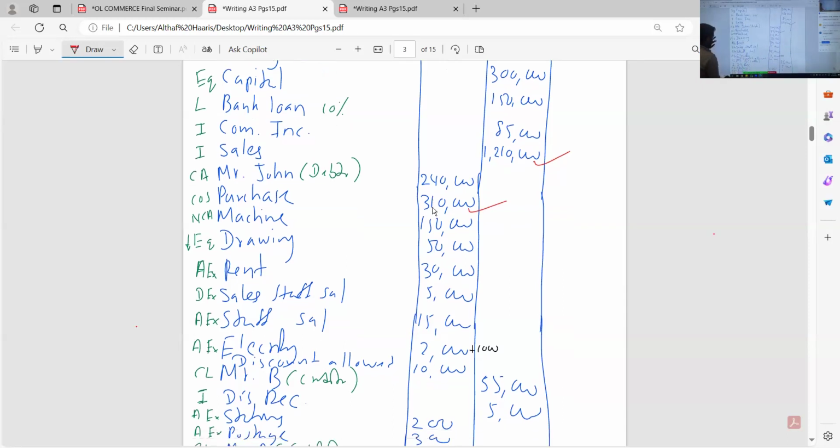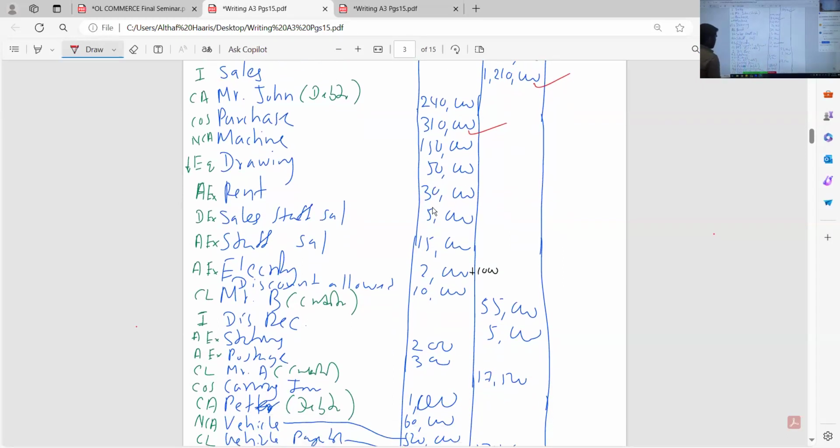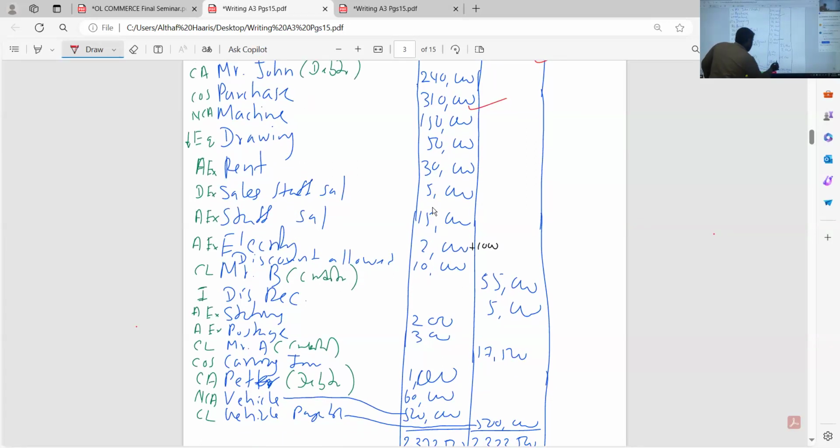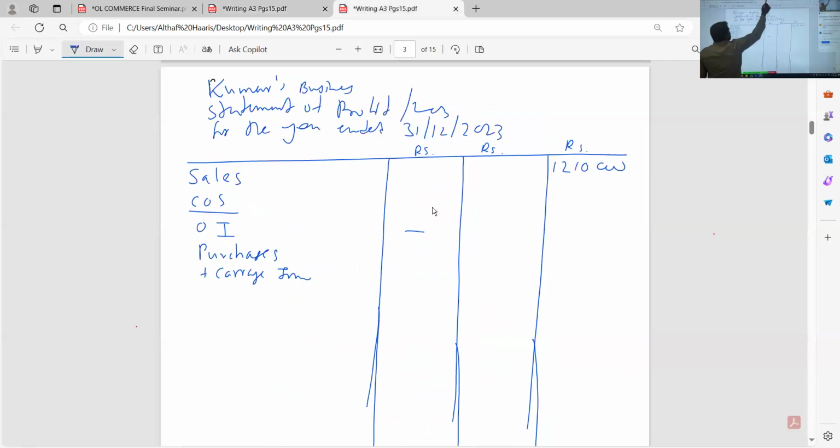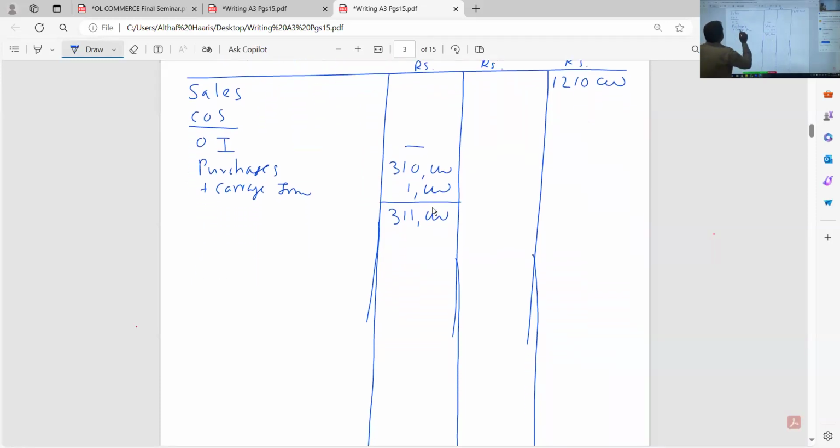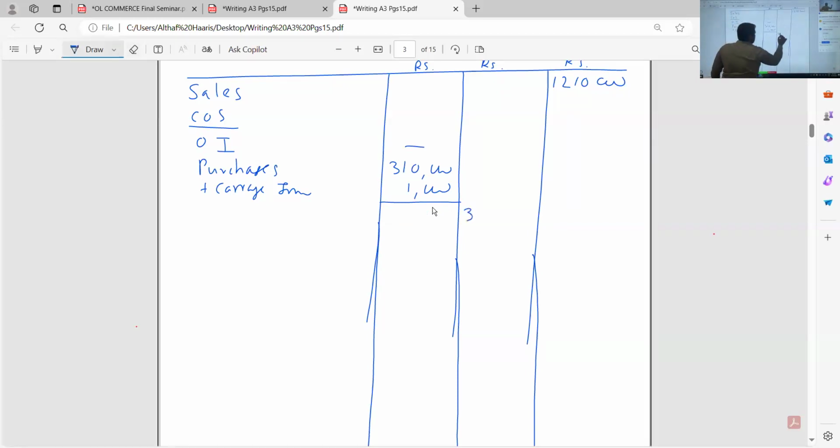And we had the carriage inwards, 1,000. 310,000 plus 1,000 is 311,000. This is the cost of the items available to sell.